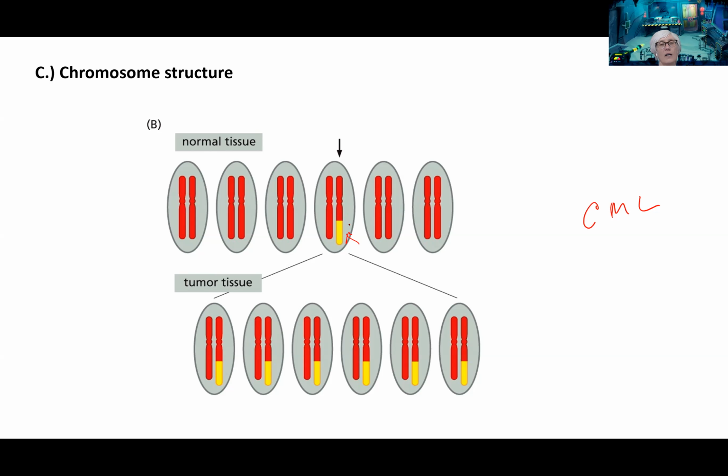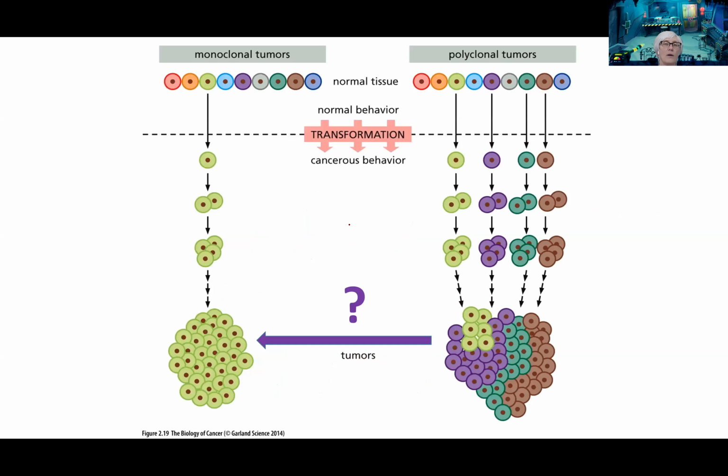And that seems very highly unlikely, that multiple cells would experience chromosomal translocations in exactly the same location. So once again, the presence of this type of cancer in which all of the cells have the same chromosomal translocation, that's very strong evidence for the monoclonal nature of cancers. So I've just given you 3 examples of monoclonal tumors.